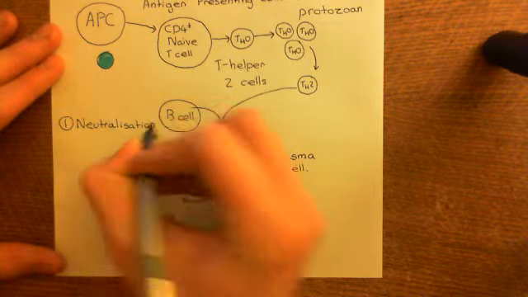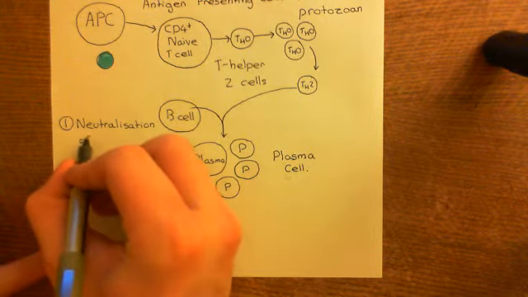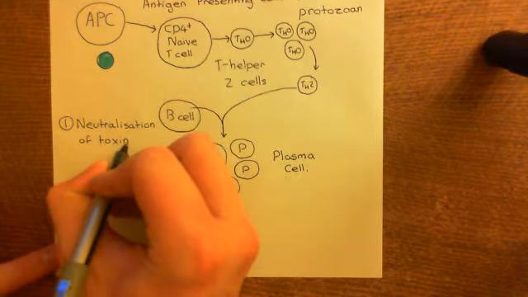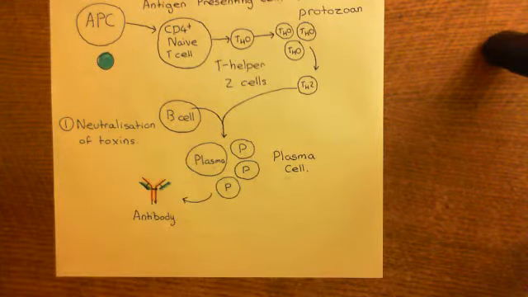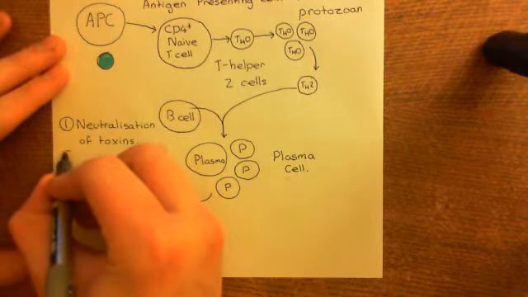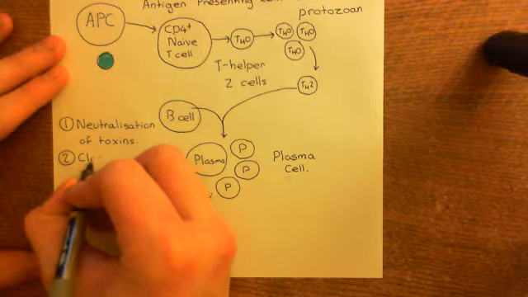Alternatively, the antigen that we've produced this antibody against could be on the surface of the pathogen, and in that case the antibody will attach to the surface of the pathogen. Now, basically that has two functions. Firstly, if you've got antibody on the surface of a pathogen, that can activate the classical complement cascade.